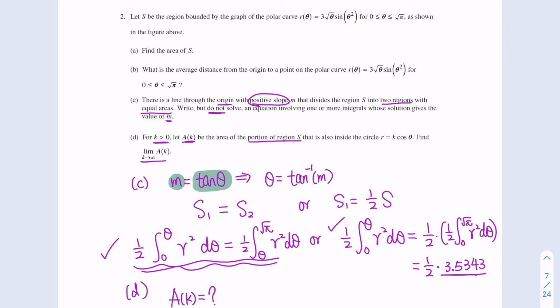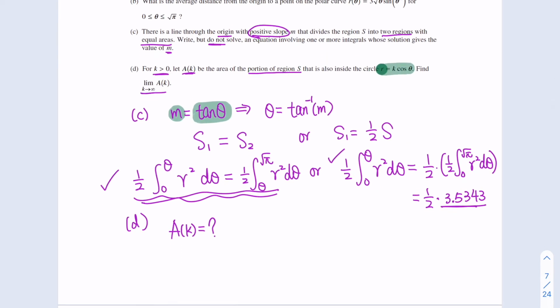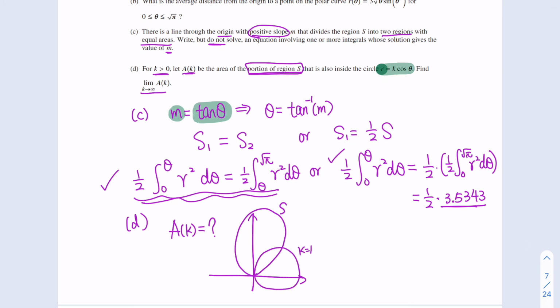So what I did is, first, I have a look. As k goes to infinity, that means k keeps increasing. So I plug in some values of k. This is your original function S. We want to find the portion of S also inside of the circle. When k equals 1, it's a circle here, and that's the area we are talking about, the portion of S also inside of the circle.